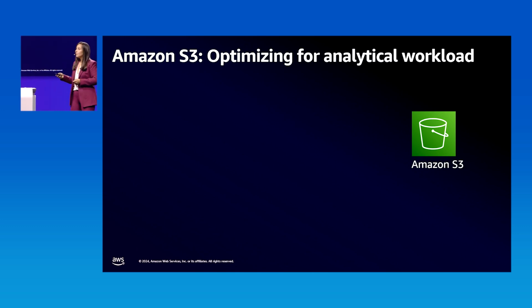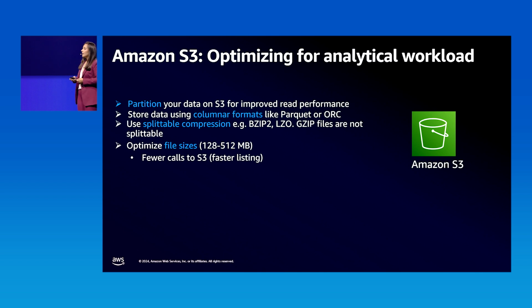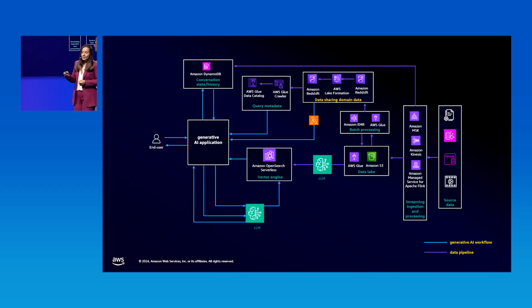To optimize the performance, we want to reduce the data to also optimize the I/O. So the first thing we can do is to partition our data using the most common filters. We can also use columnar formats like Parquet or ORC.